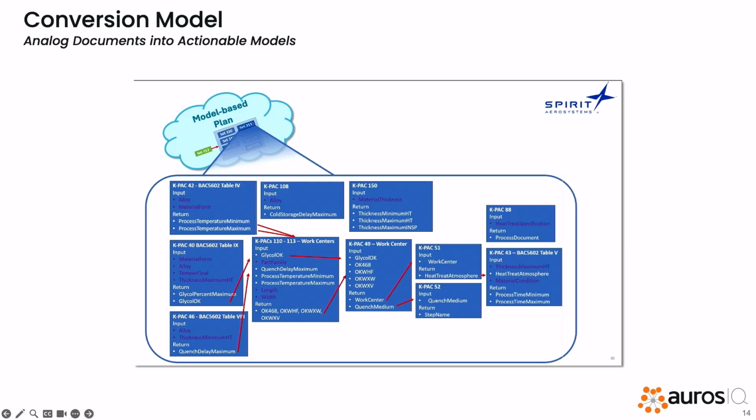This is out of aluminum heat treat, primarily a Boeing specification here, but also a Spirit one are combined, and how this is done. So this is a PowerPoint documentation that I made to illustrate the content. So the blue boxes, you can see the KPAC or knowledge packet identity, the input and the output, what happens.